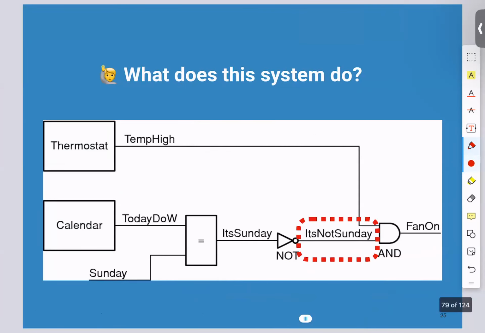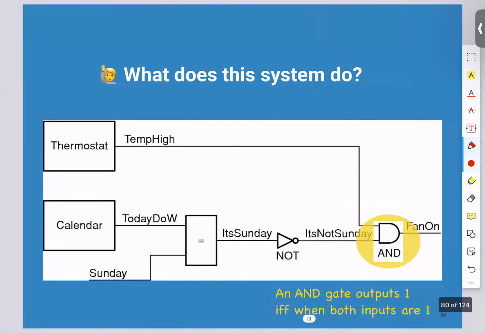The output of this NOT gate is often also referred to as an inverter. It inverts the logic sense, so it's not Sunday. Then the AND gate: in logic terms, the AND gate output is true whenever both the inputs are true.